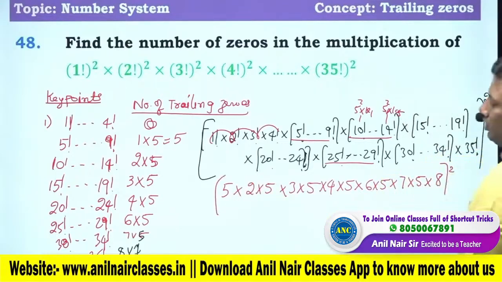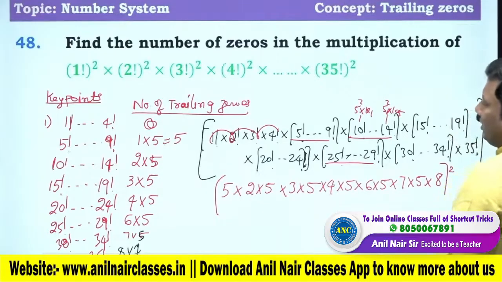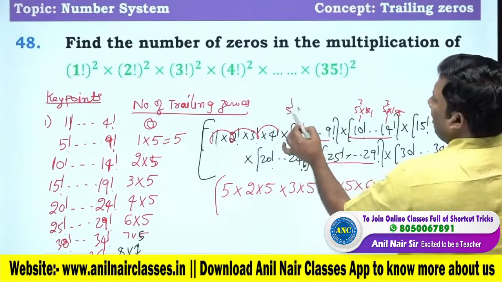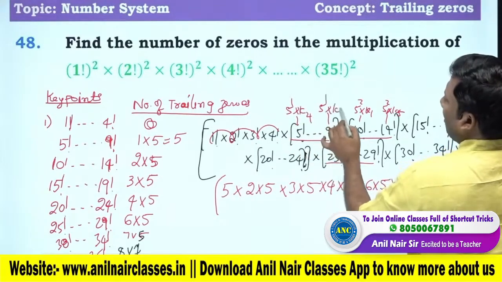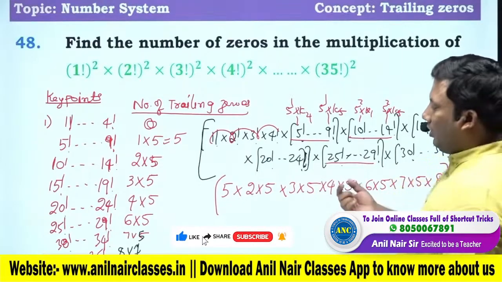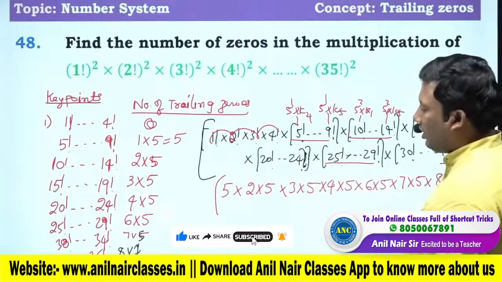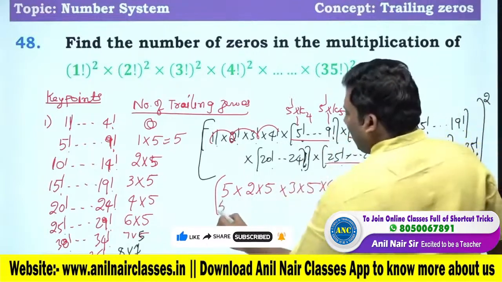It is whole square. Now if we write like this, this is 5 power 1 into K1, 5 power 1 into K5. From 5 factorial, it is 5 times we got.